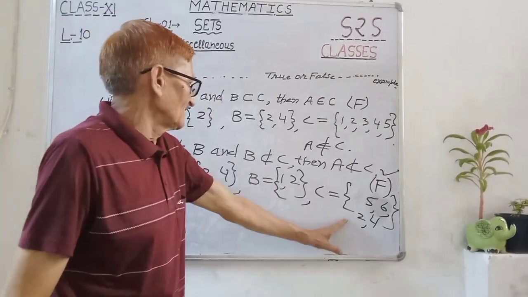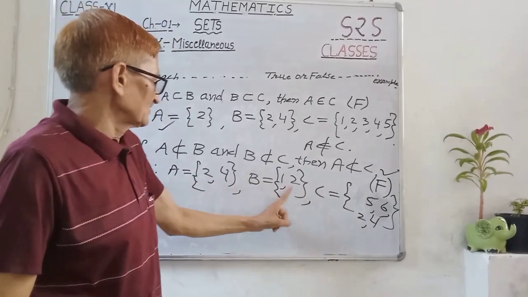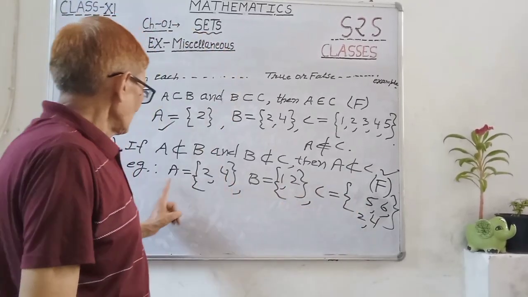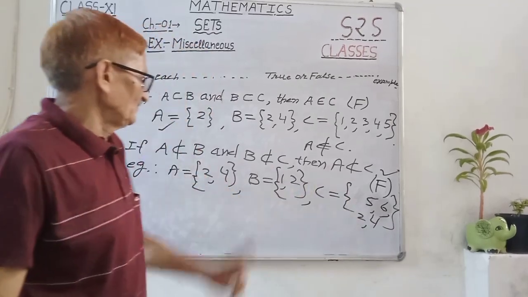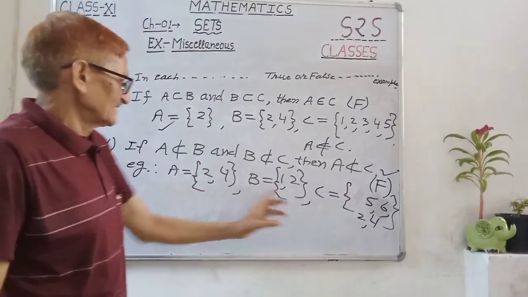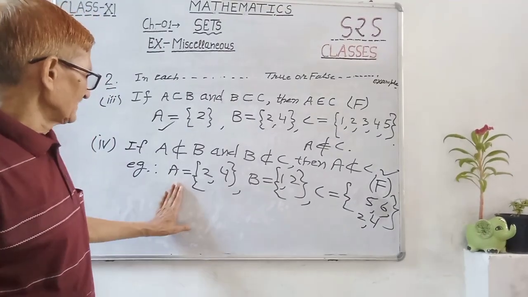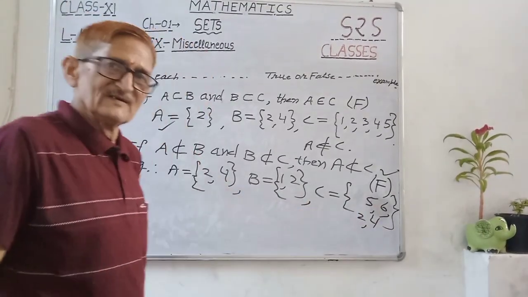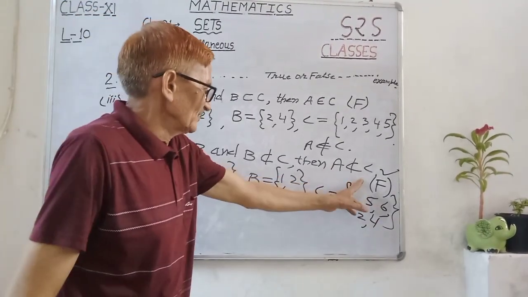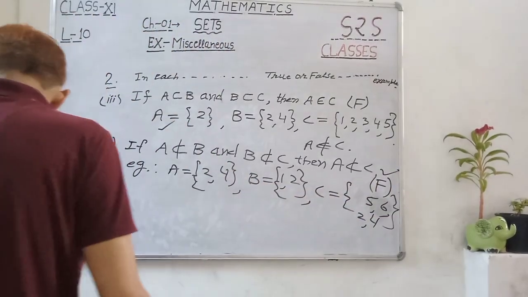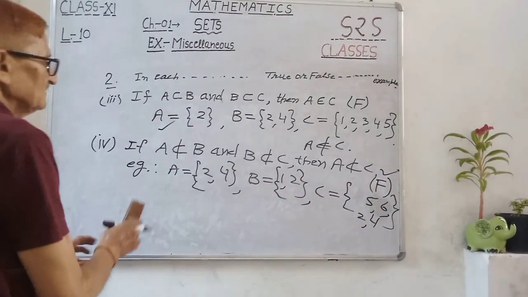Under this example you observe B is not the subset of C, but A is the subset of C, because all elements of A are in C. So it says not subset, and false, but it is a subset.